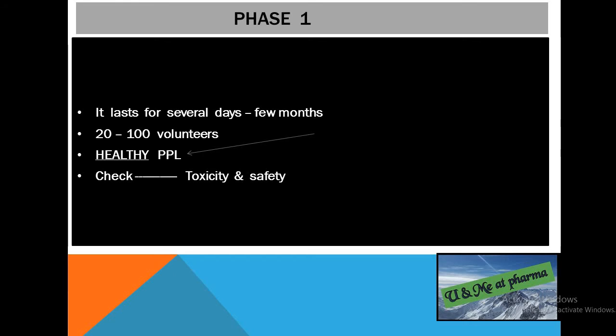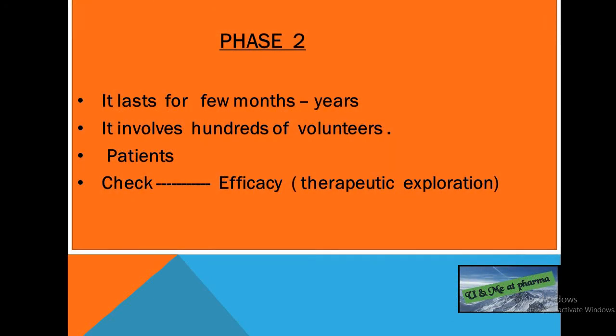Once phase 1 is completed, we switch to phase 2. Phase 2 lasts for a few months to years. We can't assure exactly how many months or years, but it may last a few months or years, and it involves some hundreds of volunteers.